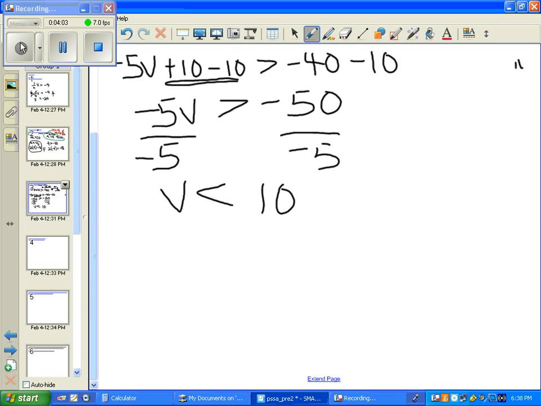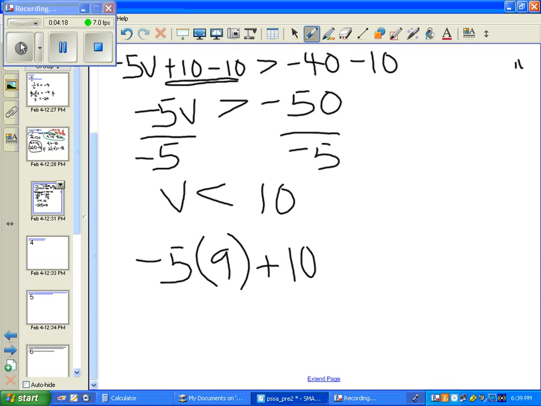Don't have enough room on the side there to do this. So what were we doing? We said negative 5, and we want a number that's less than 10, so we'll pick the number 9. We're going to add 10 to it because that's what our rule says up here with our initial problem.